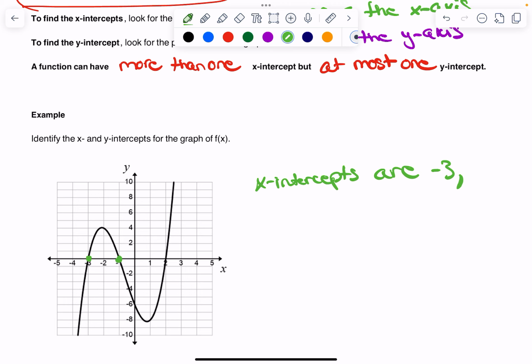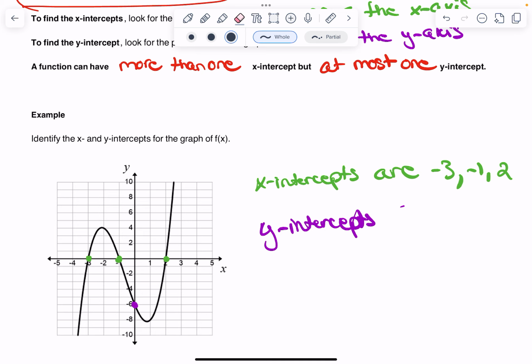Next one is -1, and next one is 2. The y-intercept is -6. Y-intercept is -6.